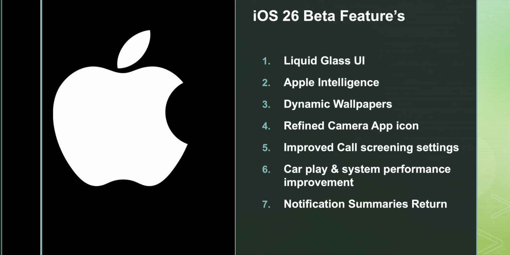This is already available, I'm sure, on Samsung devices, right? But Apple is coming with iOS 26, and liquid glass is actually a new visual design element that dynamically reacts to movement and changes the way light reflects off interface elements like buttons and tabs.